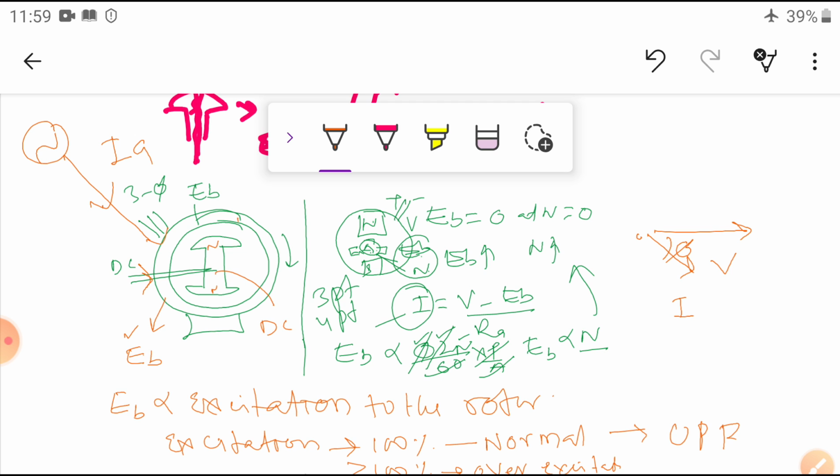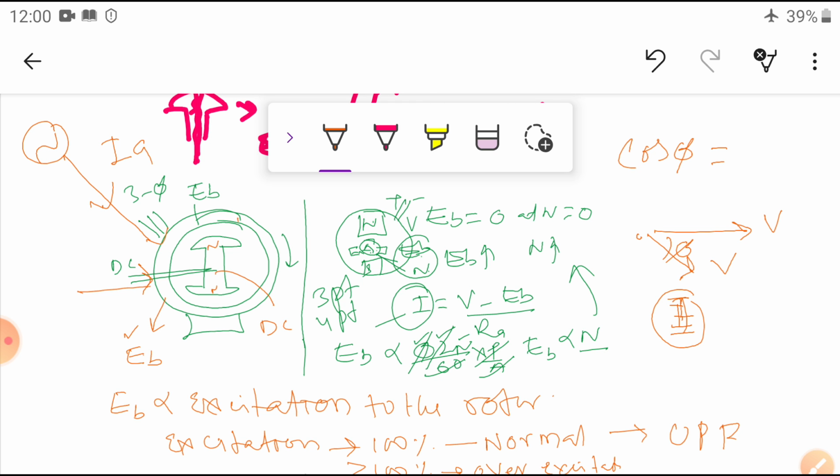For an inductive coil L, this is the voltage and this is the current, and the phase angle between the voltage and current gives the power factor cos phi. The cos phi depends upon the angle between the voltage and current. This current may change this angle based on the DC excitation.